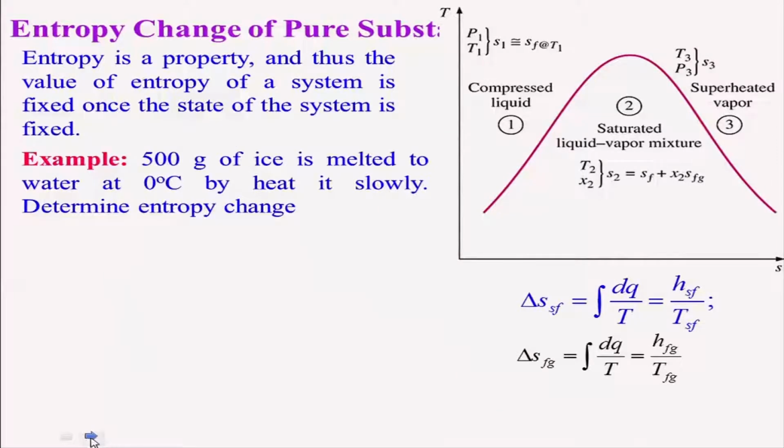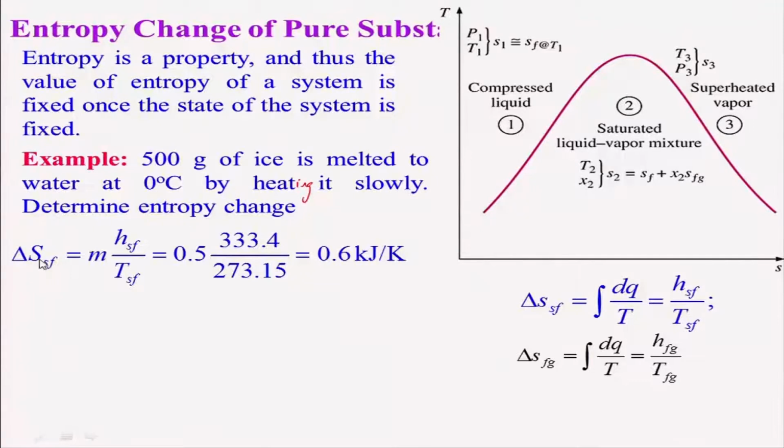So, we will take a very simple example: 500 grams of ice is melted to water at 0 degree Celsius by heating it slowly, and we need to determine the entropy change.